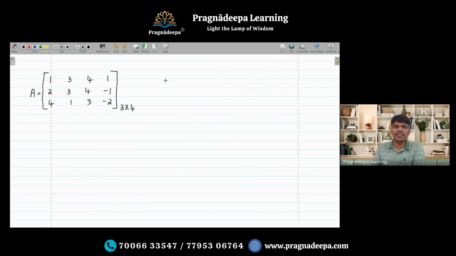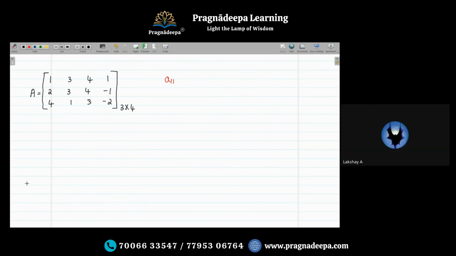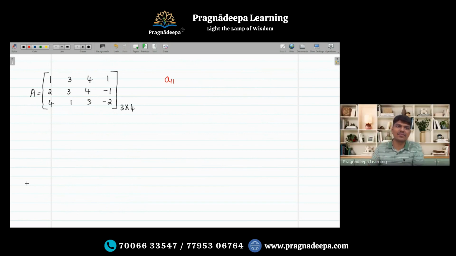How do we symbolize? We write a small letter a with suffix 1 1. We don't read it as eleven, we read it as a one one. Can you guess what suffix 1 represents? First row, first column. Next, first row, second column, which we should not read as twelve. Next a13, then a14. Next a21, a22, a23, a24.